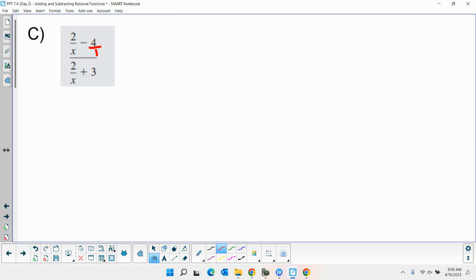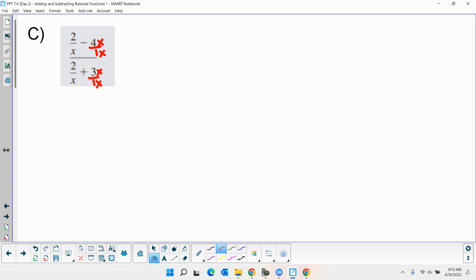All right. So this is like 4 over 1, and that's like 3 over 1. So what's the common denominator? You see an x and a 1. So what do you get when you multiply x and 1? 1x, right? So if I make this an x, I got to put an x up there. Whatever I did at the bottom, I got to do the top. You with me? Okay.